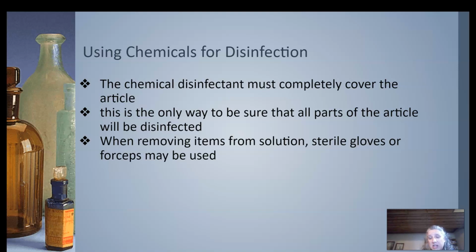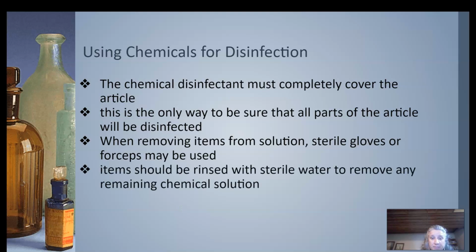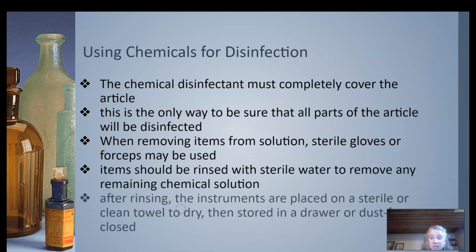You're not going to want to stick your hand in there to pull them out, because remember, chemicals for disinfection are usually harsh on your skin. Items should be rinsed with sterile water to remove any remaining chemical solution on it. And after rinsing the instruments, they are placed on a sterile or clean towel to dry, then stored in a drawer or dust-free closet.